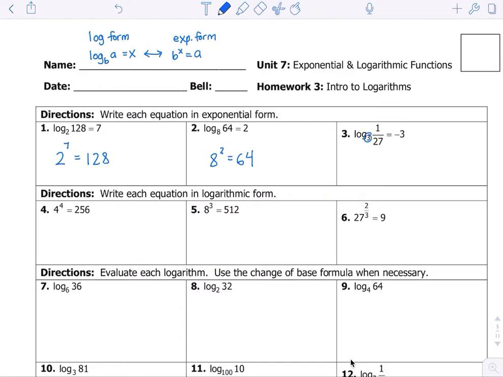Here's the base. So 3 to this as a power, -3, is equal to the argument, which is 1 over 27. All of those were going from log form to exponential form.